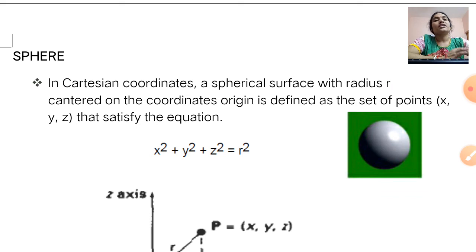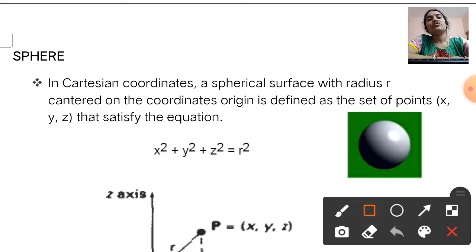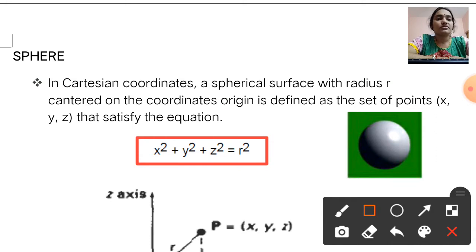The spherical equation is x square plus y square plus z square equals r square. This one is important for you. All of you remember this equation.